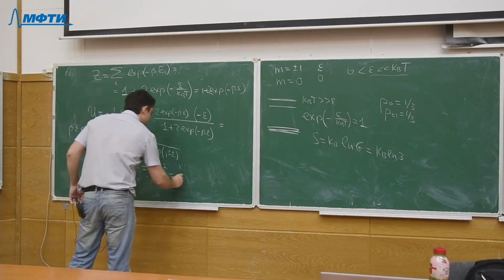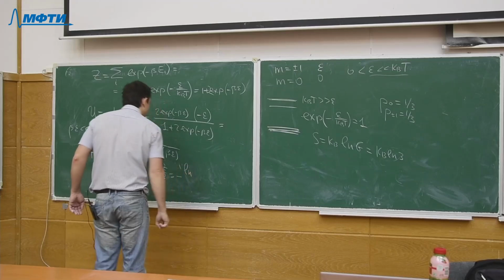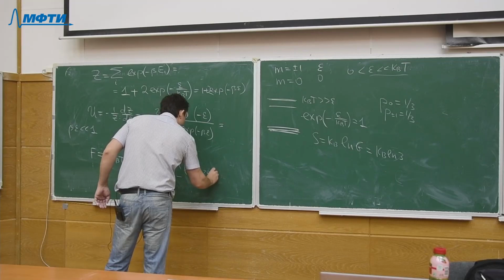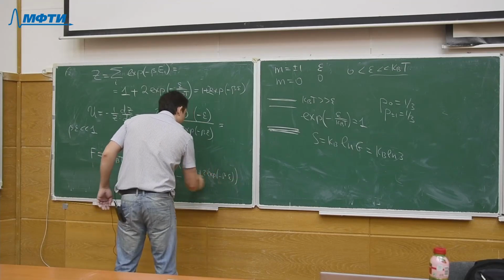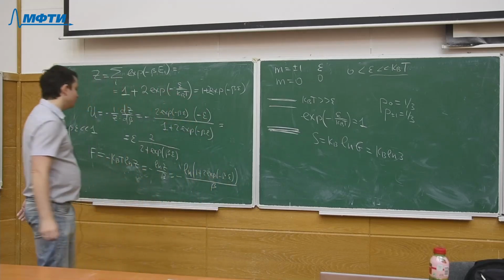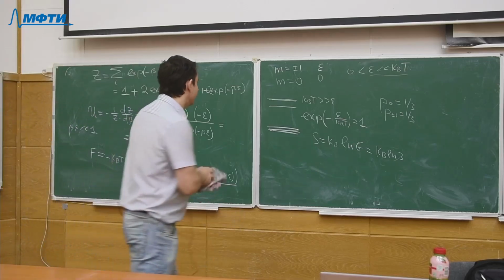So I can just write that this is minus logarithm of 1 plus 2 exponent of minus beta epsilon over beta. Well, that's not a very beautiful expression, but it would get even less beautiful if you calculate the entropy.